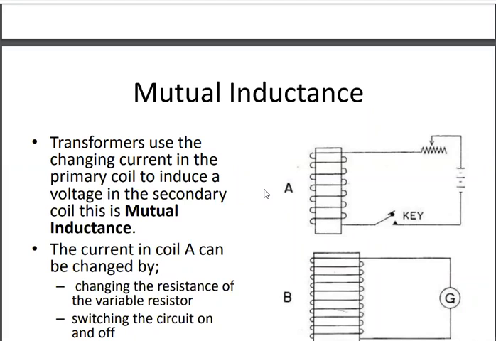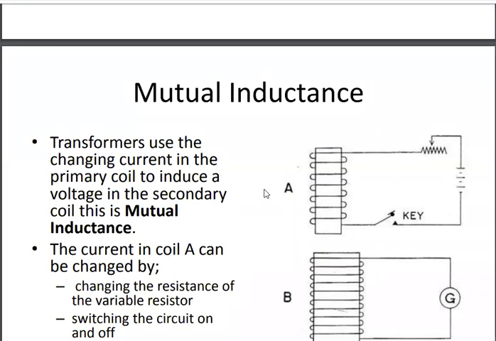So due to induced current and source current, both coils will have a magnetic field. The magnetic field produced in the secondary coil due to induced current will cause a change in flux in the primary coil, and again cause induced current in the primary coil in the opposite sense, and vice versa. This is called mutual induction.